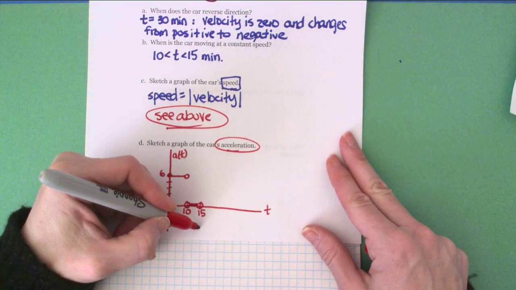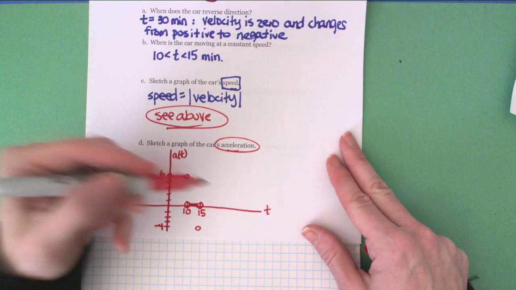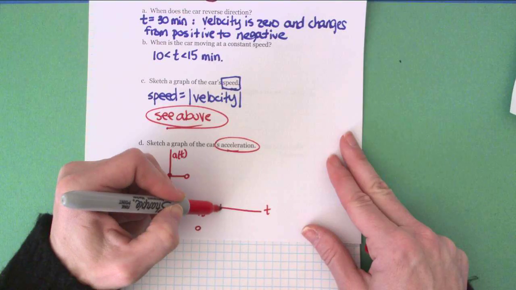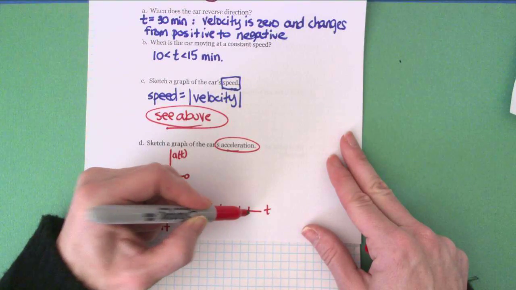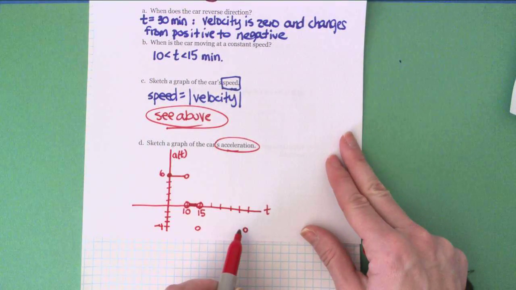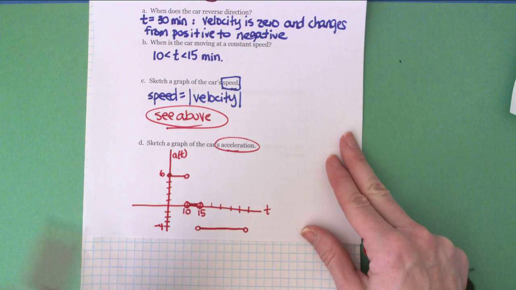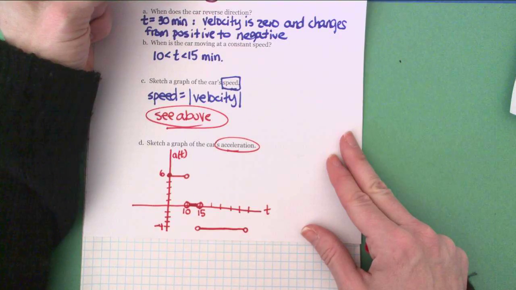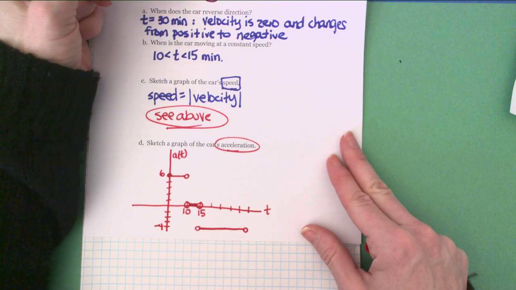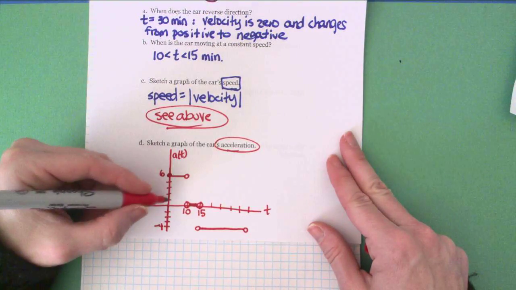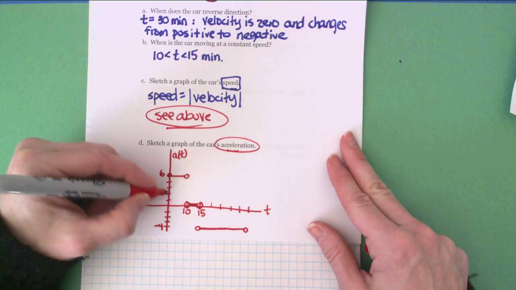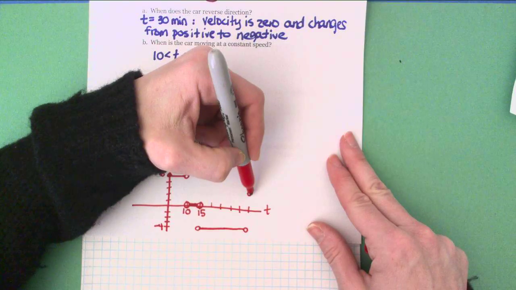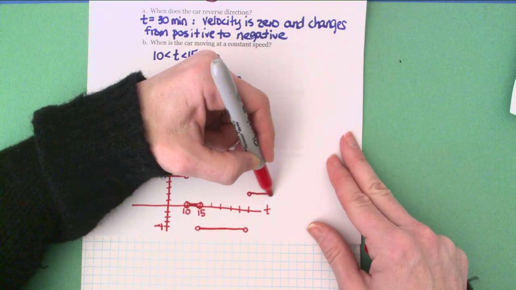So between 15 and 40, so 10, 15, 20, 25, 30, 35, 40, my slopes are negative 4. And then from 40 to 55, if I calculate the slope of that segment, it's 2 2/3. So I'm going to come up here 2 2/3, about right here, and take that out to 55.